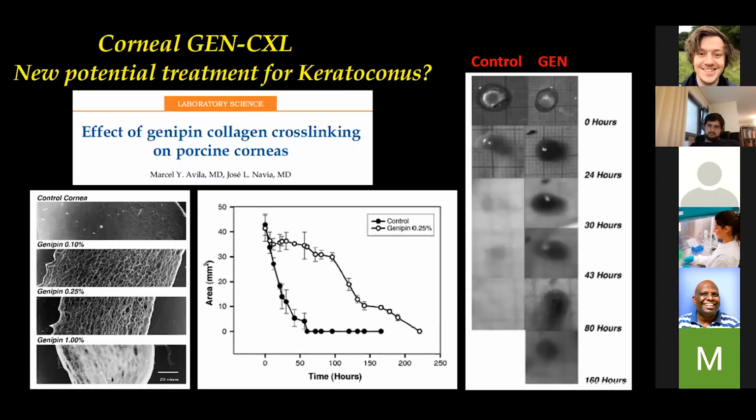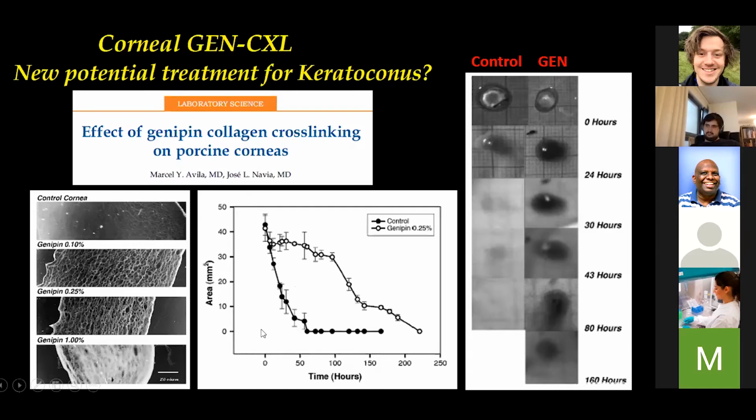Collagenase is basically an enzyme that can break down collagen. I hope you can appreciate that with time, the genipin cross-linked cornea is more resistant to this treatment. Also here, you can see the changes in the area between the control and the genipin. And you can also see that the treated cornea is biomechanically stronger, it's basically stronger.